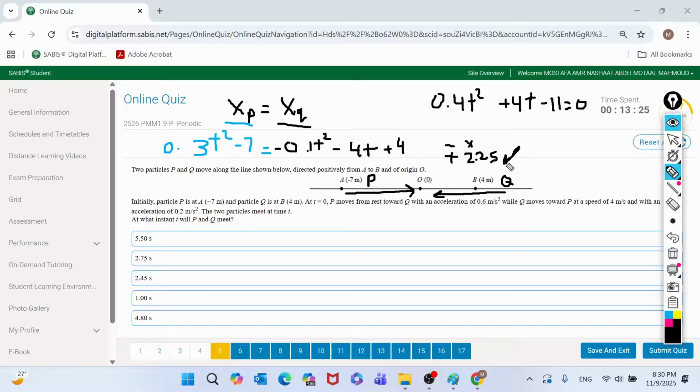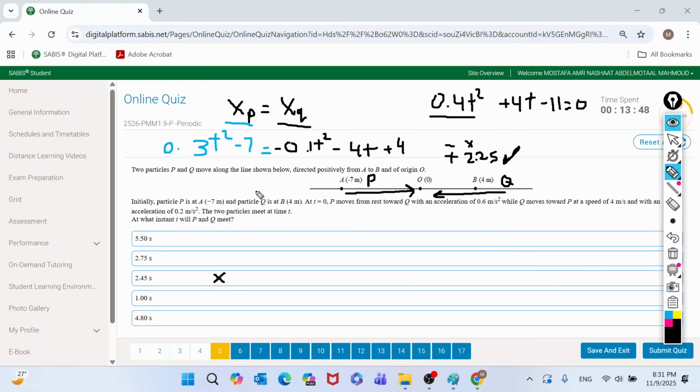It's not in the options, so the quiz is wrong. I'll ask my teacher about it tomorrow and I'll let you guys know. But the correct answer in the quiz is 2.45, and that's wrong because then this would have to be 0.2. If this is 0.2, then you'd get 2.45.